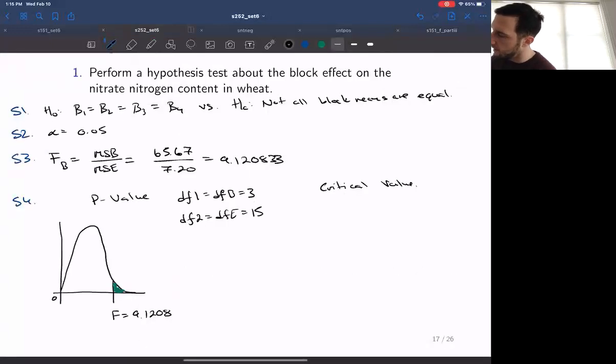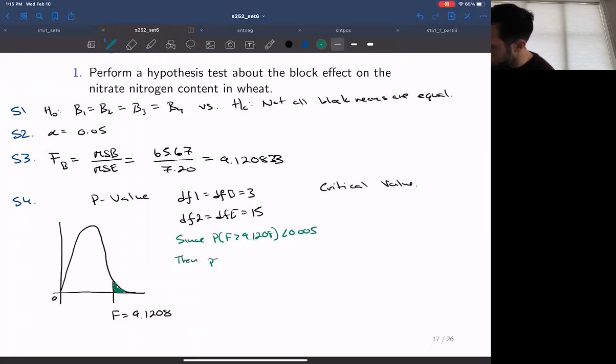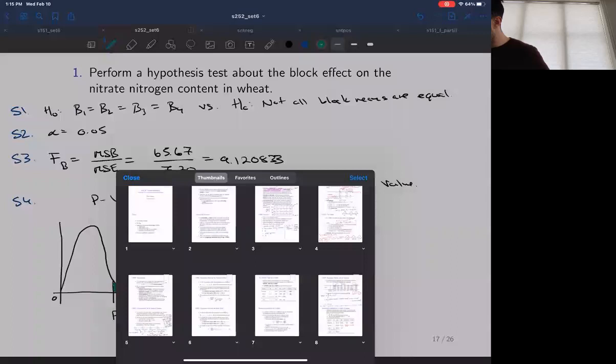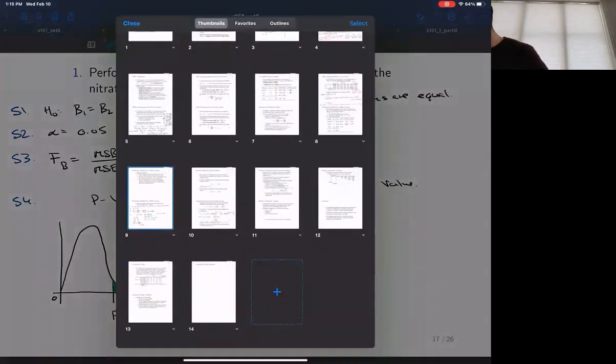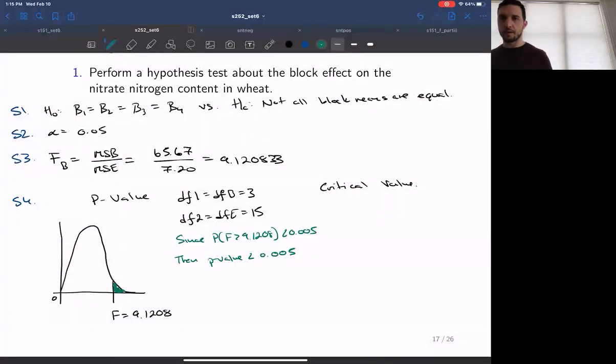Okay, so in this case, we can say since the probability that F exceeds 9.1208 is less than 0.005, then the p-value is less than 0.005. And that's obviously going to give us the ability to reject H naught.